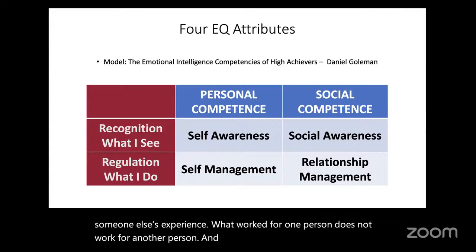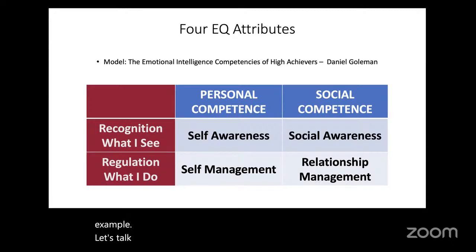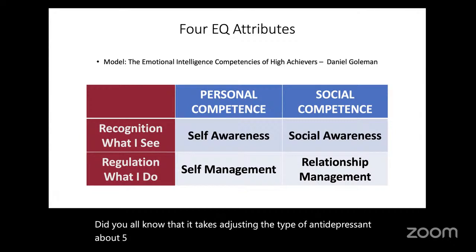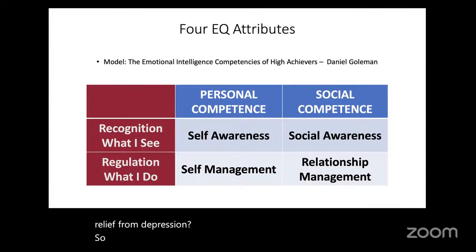And I'm going to bring up a biological example. Let's talk about antidepressants. Did you all know that it takes adjusting the type of antidepressant about 5 times before the average person actually gets biological relief from depression? So even on the biological level, everyone does not respond in the same way to a medication.